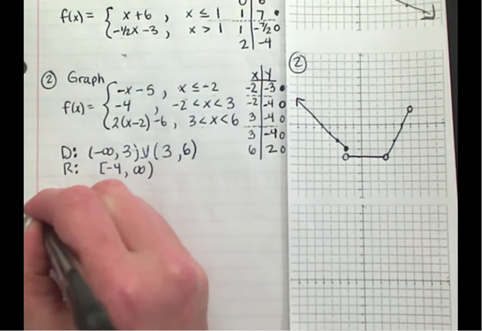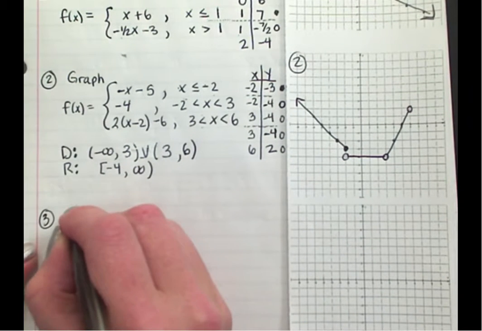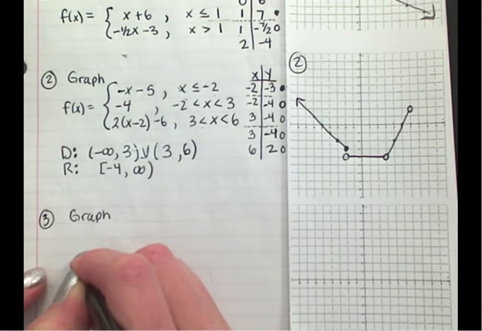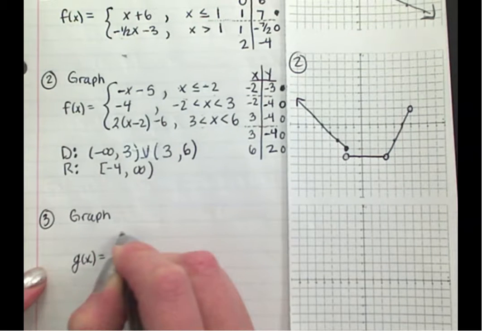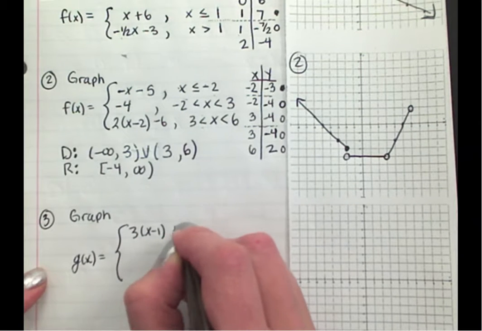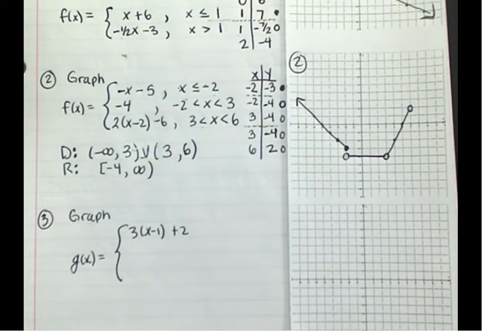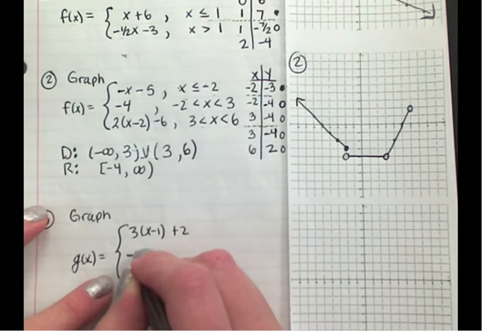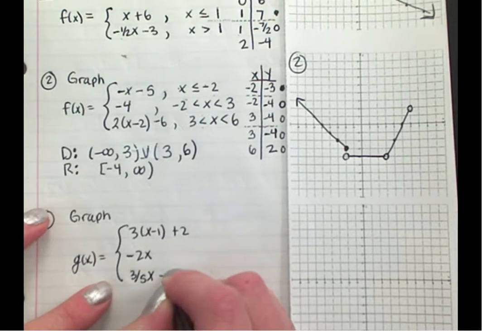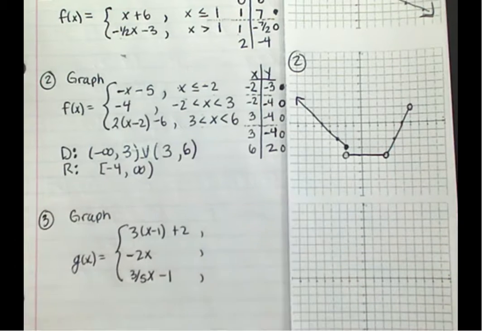All right, last one, try it on your own. 3 pieces. Now you do as much or as little work as you need to in order to get the graph on there. Okay? Because what I have shown you is not necessarily the fastest way. It's just a way to do it.